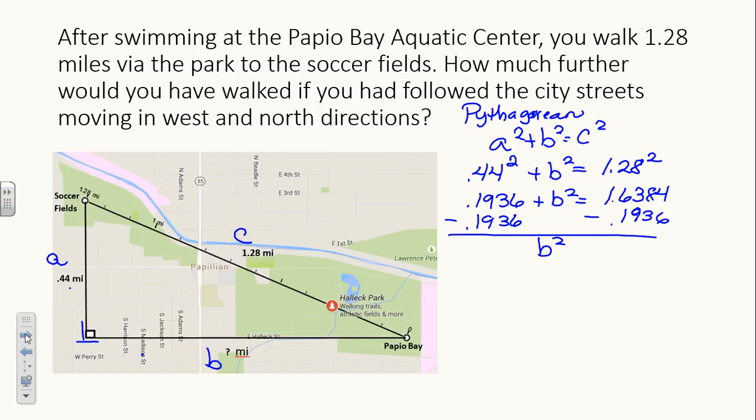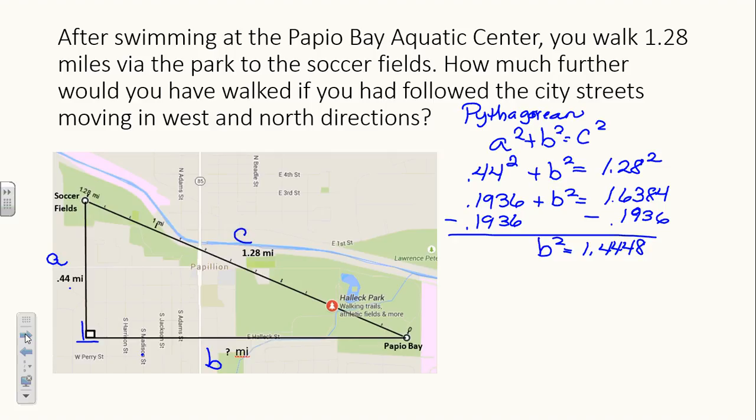So b squared equals, I'm taking away 0.1936, or adding a negative. And I get b squared is 1.4448. Everybody get that so far?